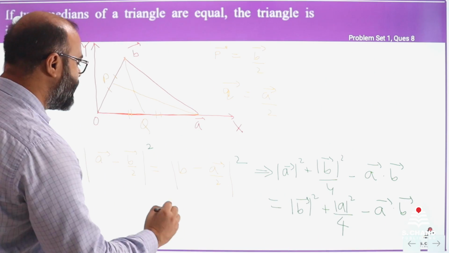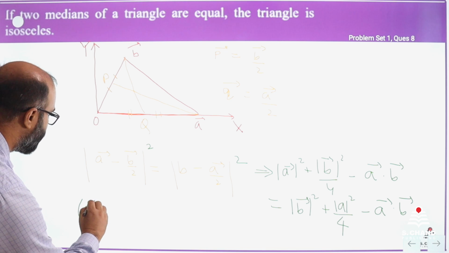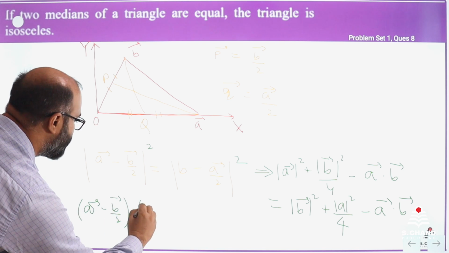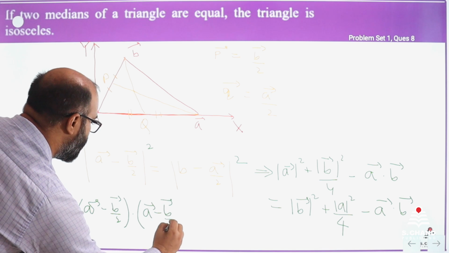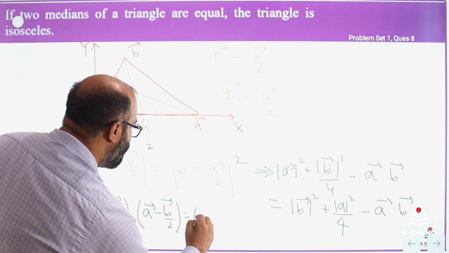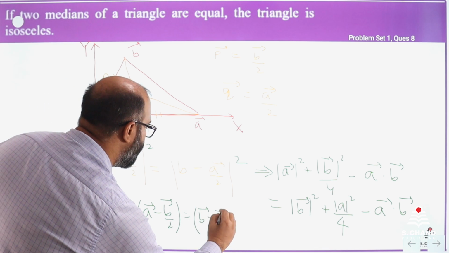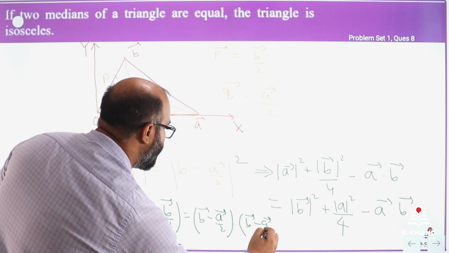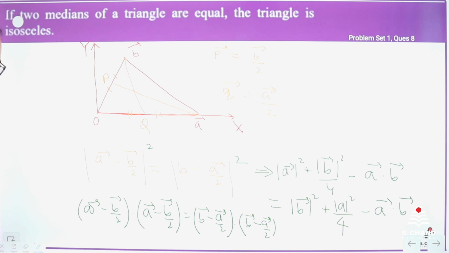So why are we doing it like this? Because this is a minus b by 2 dot product with a minus b by 2. Here also b minus a by 2 dot product with b minus a by 2. This is why we are doing it like this.